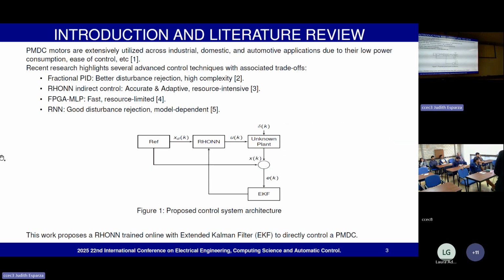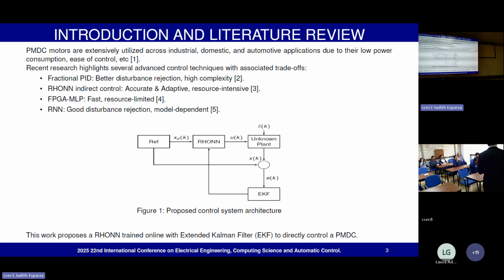So the introduction and literature review. Permanent magnet DC motors are widely used in industry applications, but the main problem to control them is that in most cases the parameters of the system are unknown or partially known.